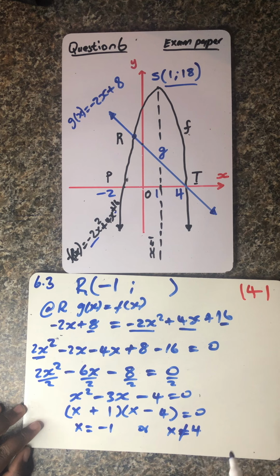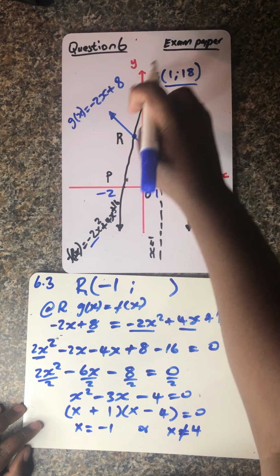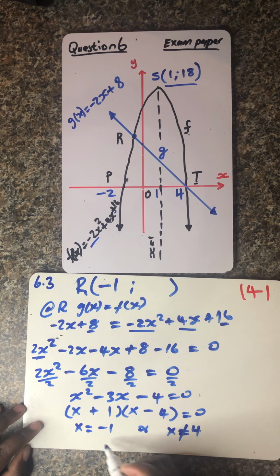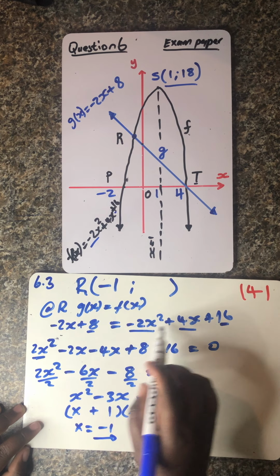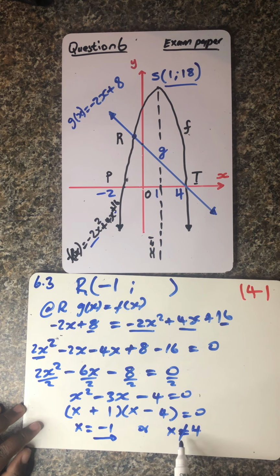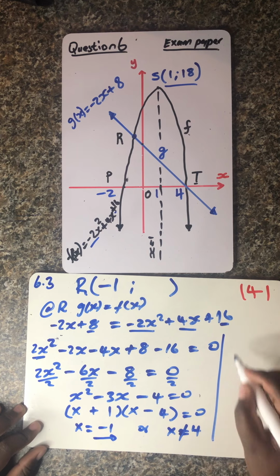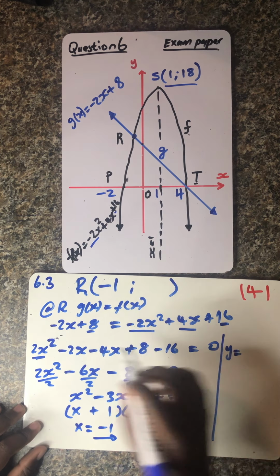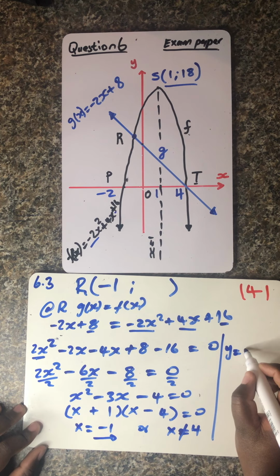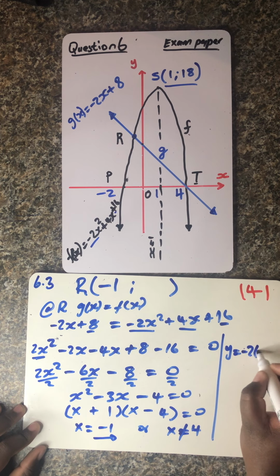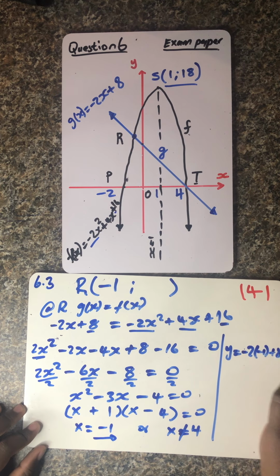Okay, so when you calculate the value of y, you can substitute this x value into the equation of g or the equation of f. For me, let me just substitute it into the equation of g, and you can substitute there and check if you find the same answer. So it's -2 into -1 plus 8.